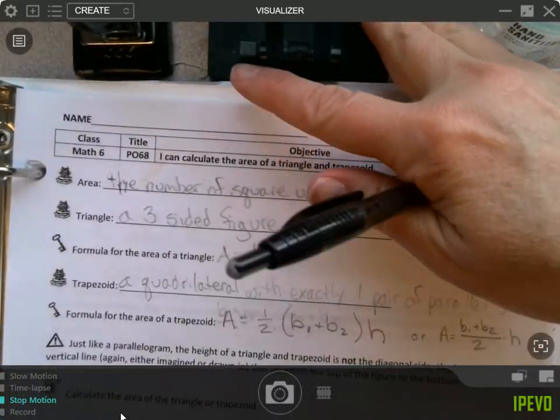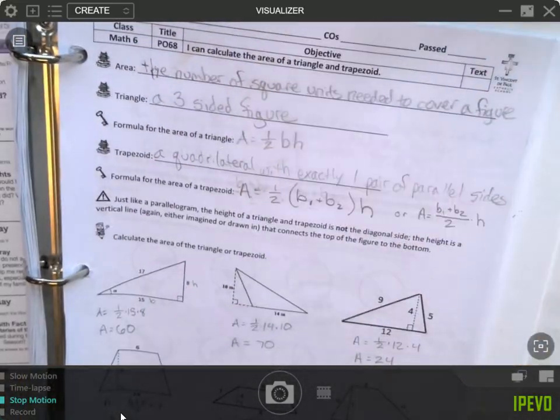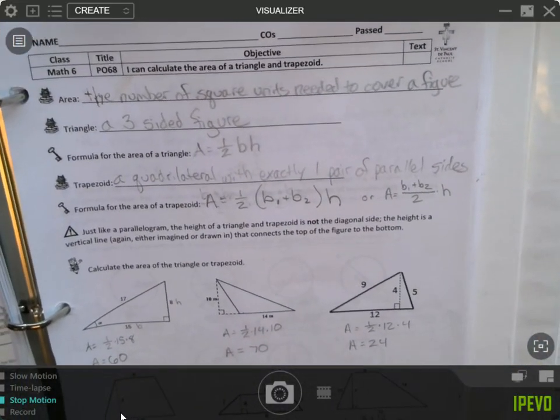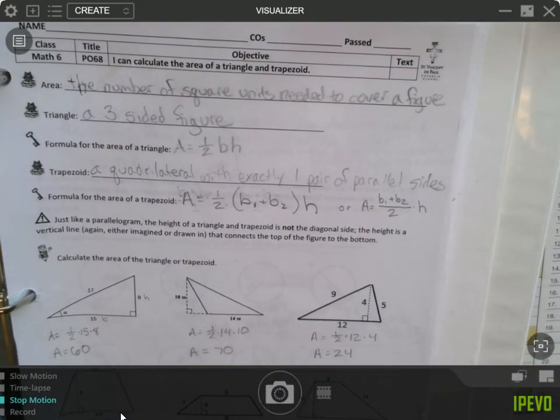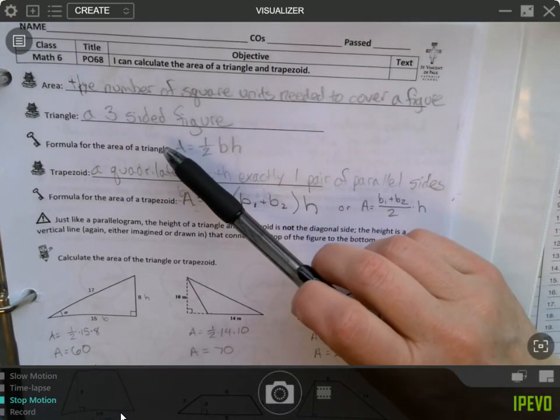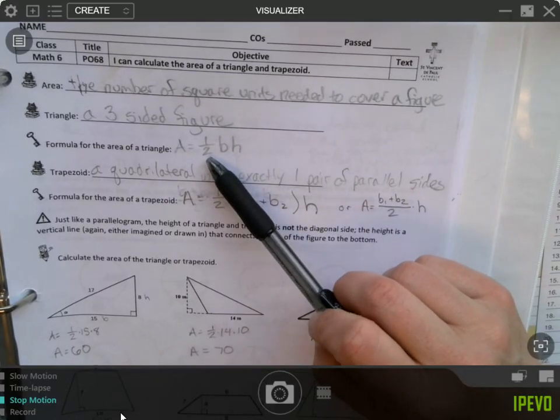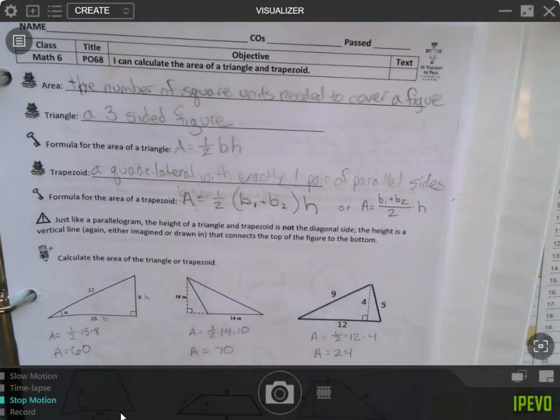Yesterday's objective while I was gone was triangles and trapezoids. So the area of a triangle is 1/2 the base times the height. Remembering that base is that bottom line. The height goes from the base to the tip of the triangle.